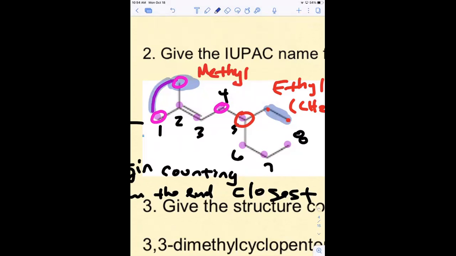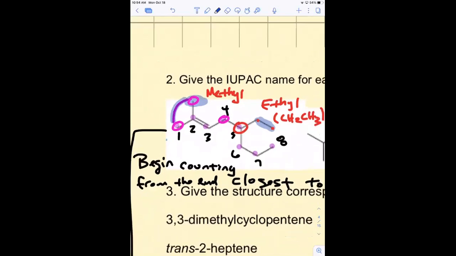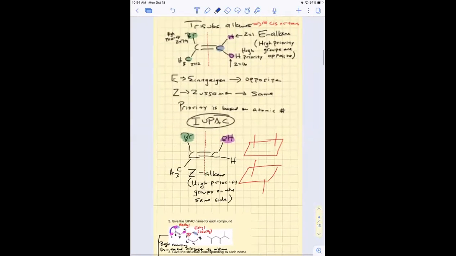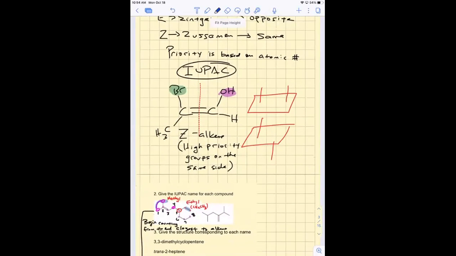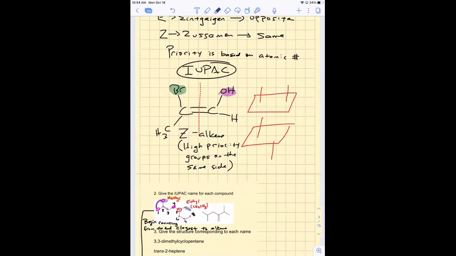So I can't prioritize them. If they both have the same atomic number, then I can't prioritize them, because that's what I base the priority on. If it's trisubstituted, it's going to be E or Z. But I can't prioritize the groups on that side of the double bond because they're both the same. So I just leave the stereochemistry out.